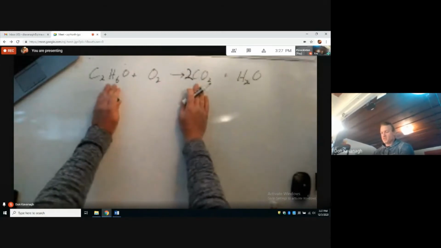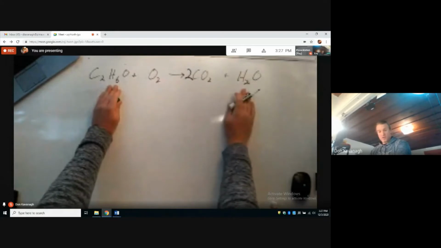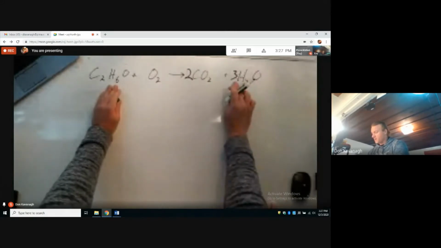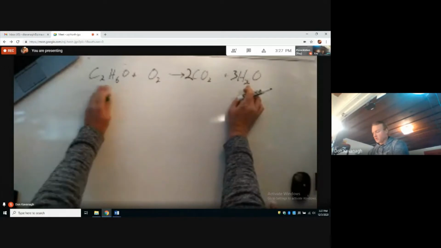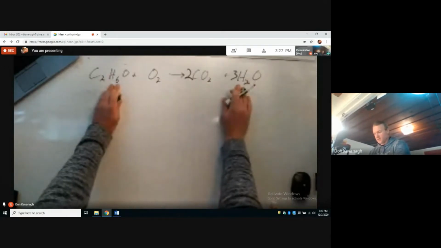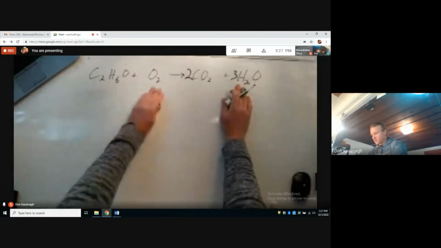Hydrogens: there are 6 hydrogens in ethanol, and our product is water, so we're going to produce more than just 1 water. We're going to produce, say, 3 waters, because 3 times 2 is 6. So it looks like our carbons are balanced and our hydrogens are balanced. Let's balance the oxygens.